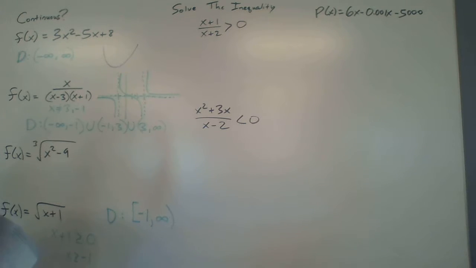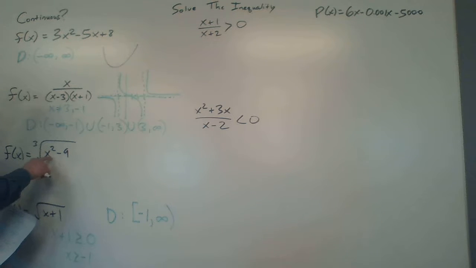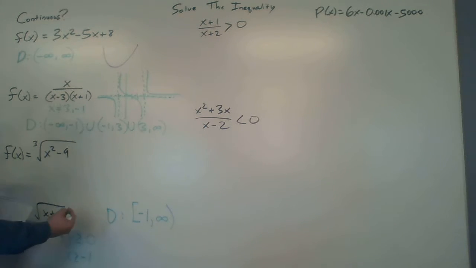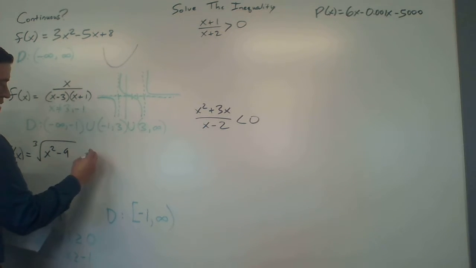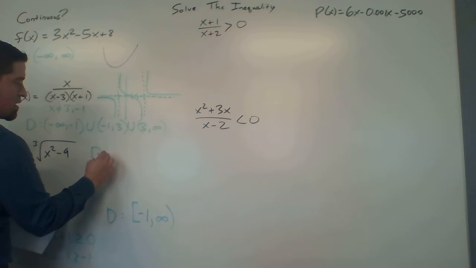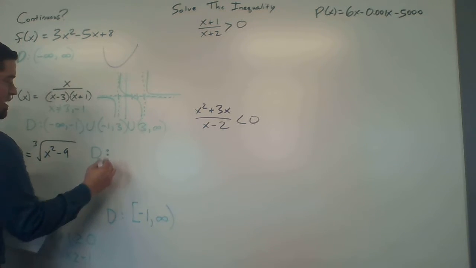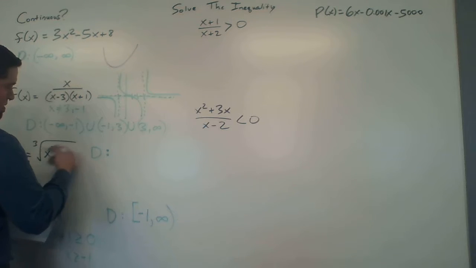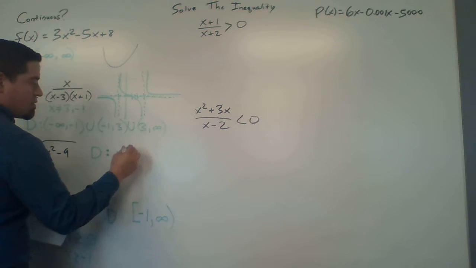So then we ask ourselves the original question, are there any restrictions on x? Well, if we can do negatives, then this can be whatever it wants as well. So in this case, it's negative infinity to infinity.